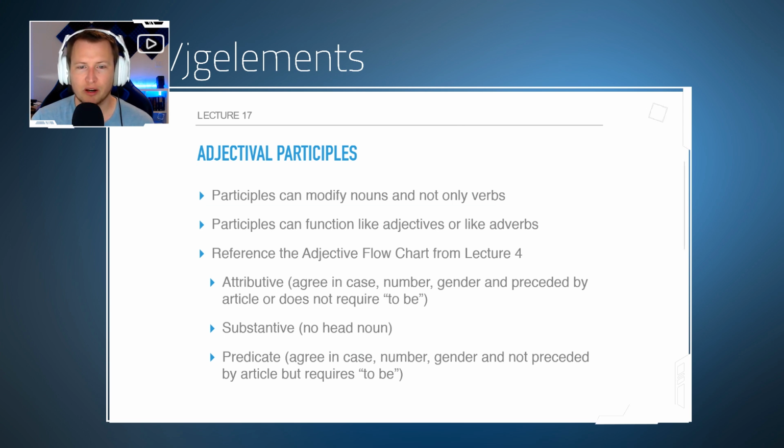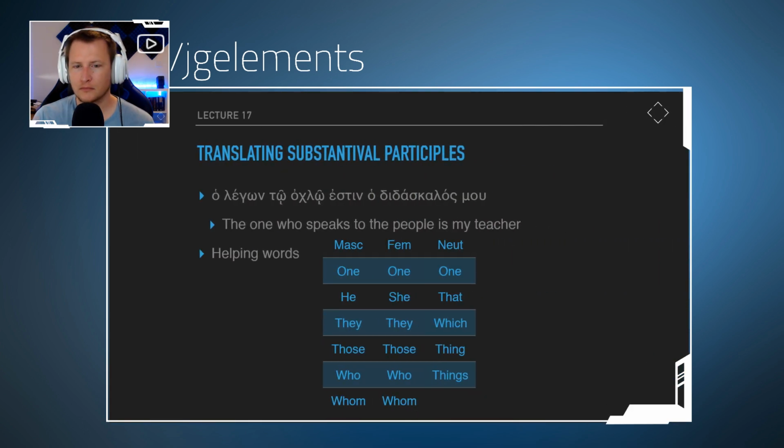The only thing you need to be aware of is its function. Now, how do you translate substantival participles? These are participles that don't modify any other noun. They don't modify a verb. They stand alone. They stand apart. O legon to ochlo estin, o didaskalos mu.